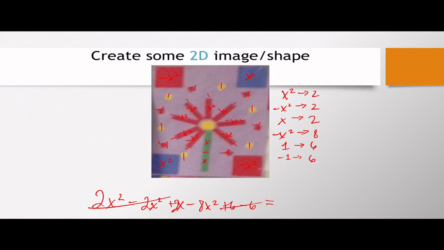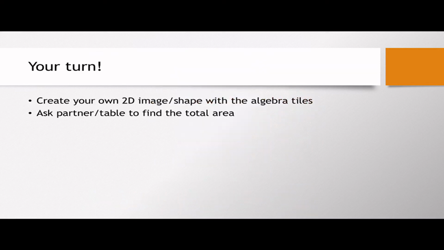We just have 2x minus 8x. There's going to be negative 6 x's, and when you're all said and done, 6 sticks. Now it's your turn to create your own 2D image and shape with the algebra tiles and find the total area.